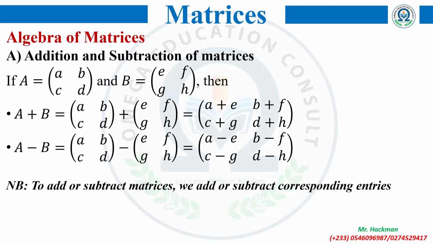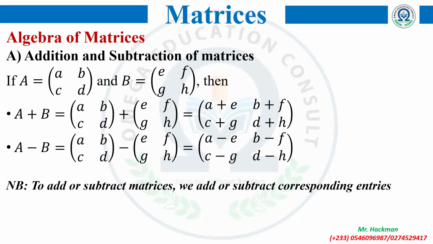Okay, Prof. Martin. Sir, please, what if the order is not the same? Okay, so that was what I was going to say. First of all, for you to talk about addition being possible, when we are dealing with algebraic expressions, before you can add and subtract, your terms should be alike. Do you agree?